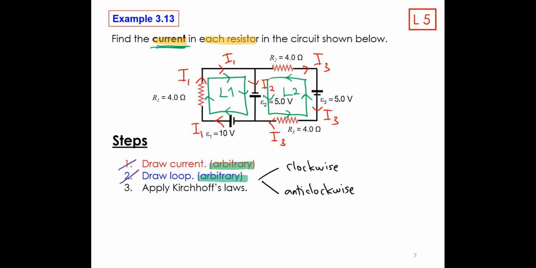Next is to apply Kirchhoff's law. We have two laws. The first one is the total current in equals the total current out at any junction.